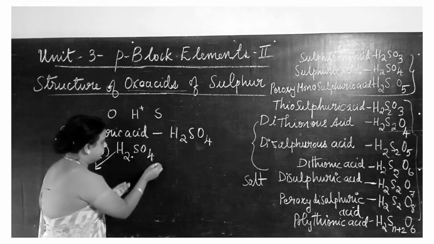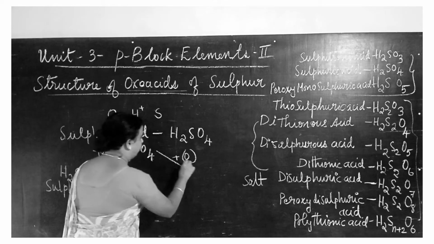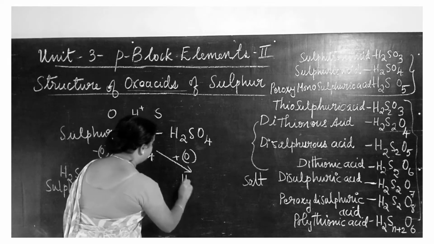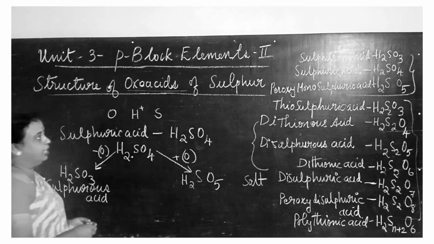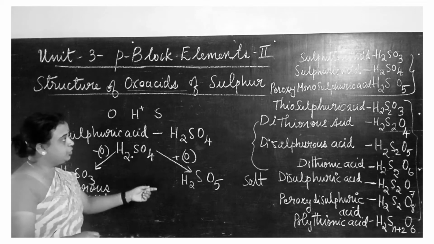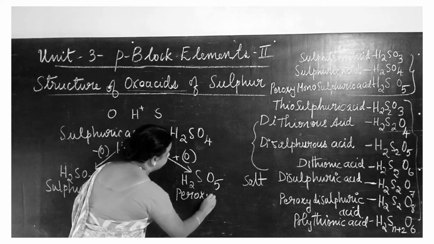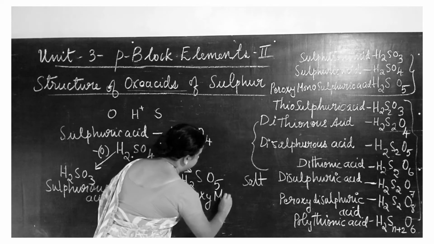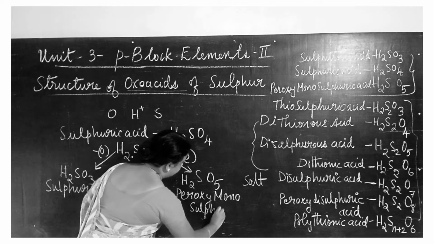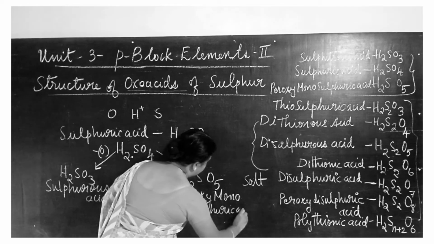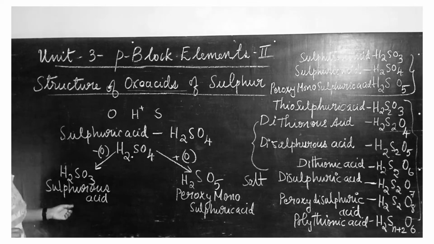Now from the same sulfuric acid, you add one oxygen to it, so it becomes H2SO5. Mono means one, so it is peroxymonosulfuric acid.